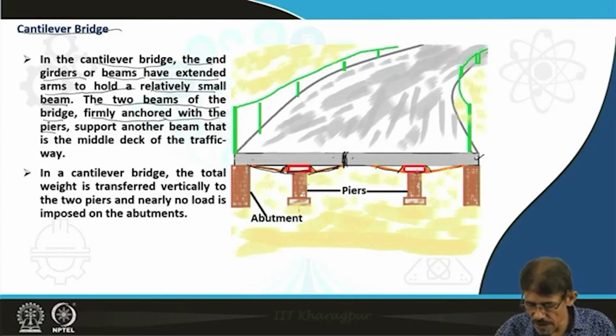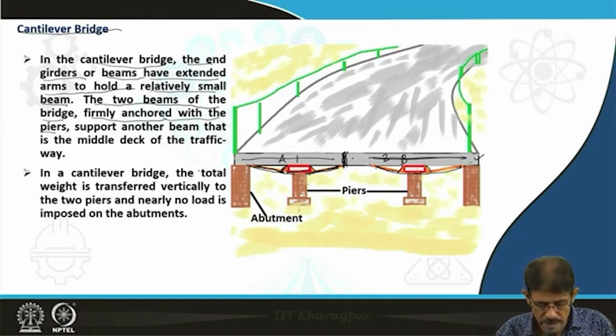So beam A, beam B, or beam number 1 and 2. This cantilever arrangement supports one small piece of bridge, then another piece of bridge is supported by this cantilever with the help of these two pillars.